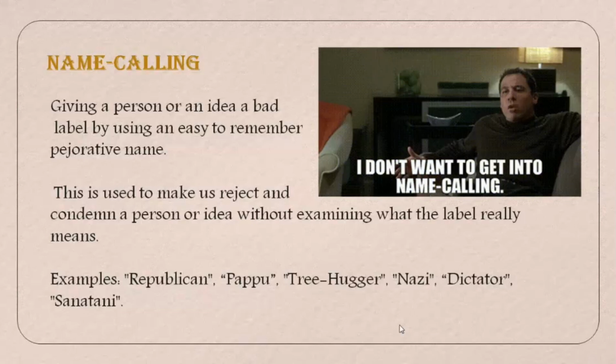This is used to make us reject and condemn a person or an idea without examining what the label really means. For example, Republican, Pappu, Sanatani, tree hugger, Nazi, dictator. So these are often the name calling techniques which are used to name or condemn a person.